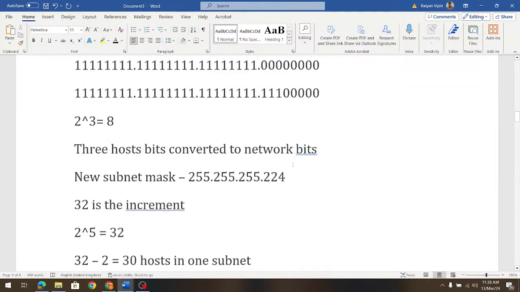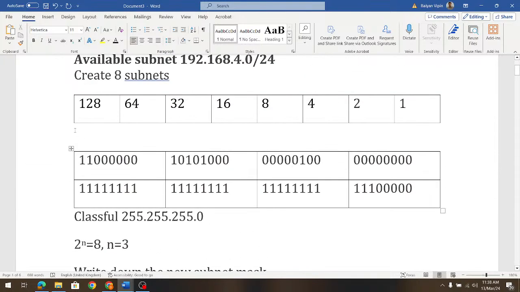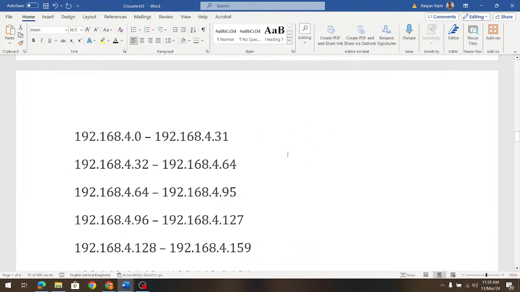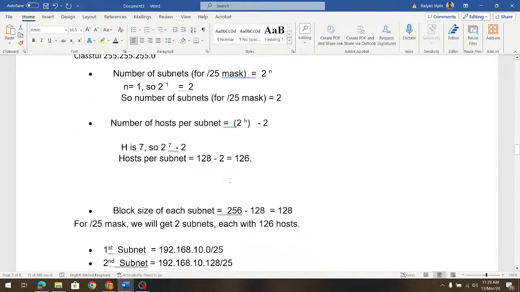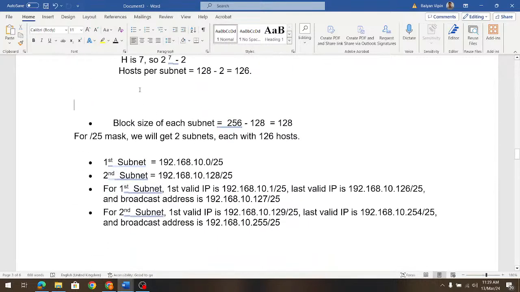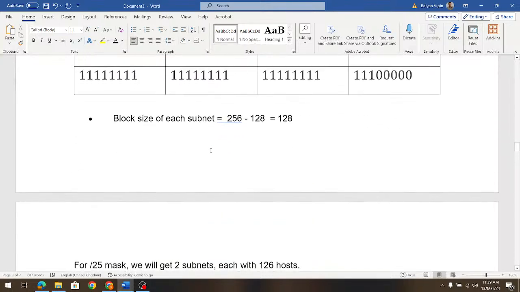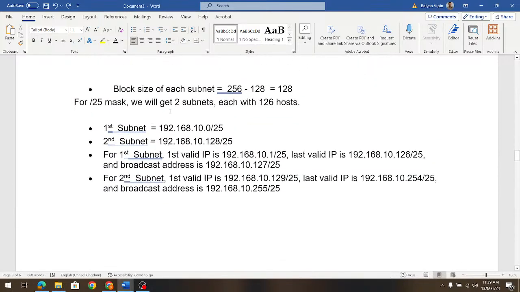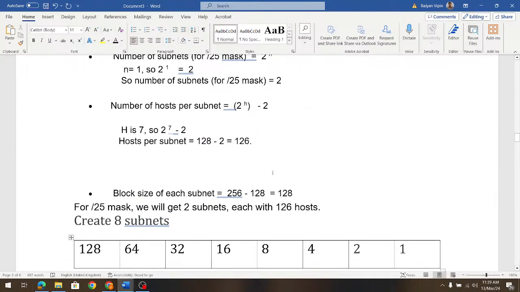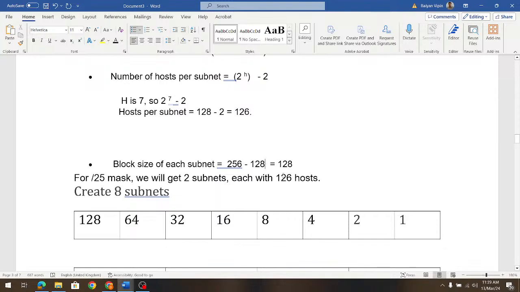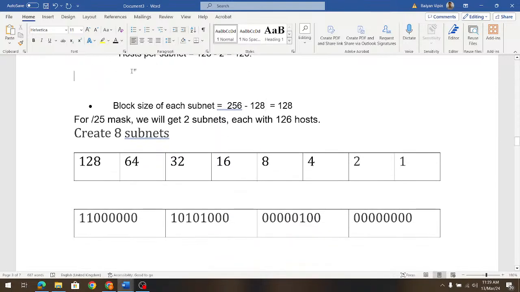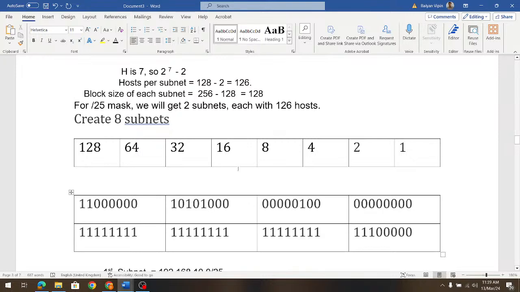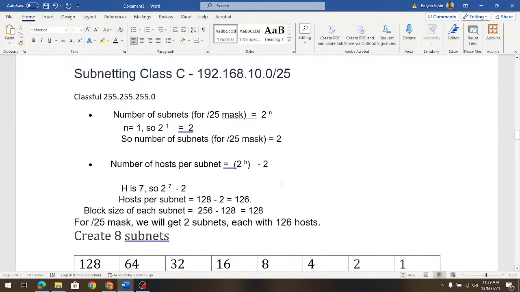Now, what is the block size? Block size basically depends upon how many bits we are using for the purpose of network.